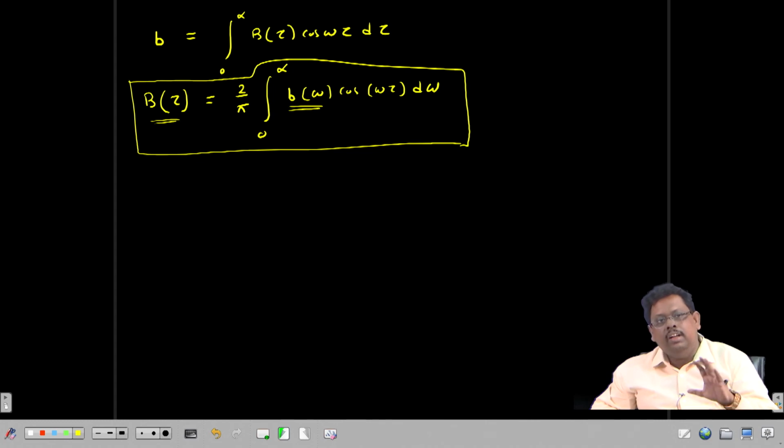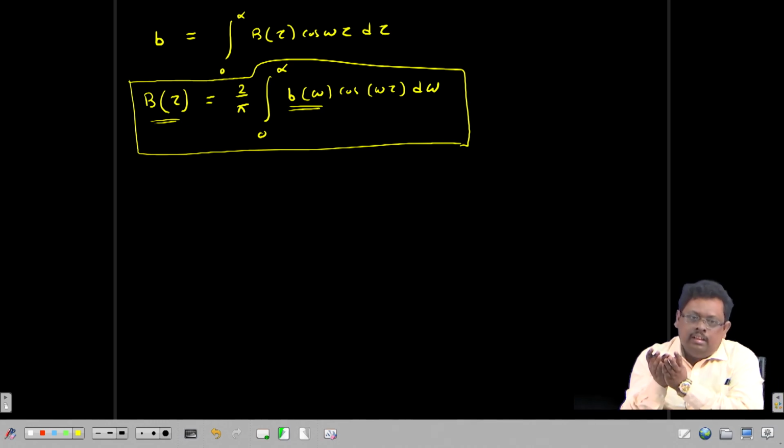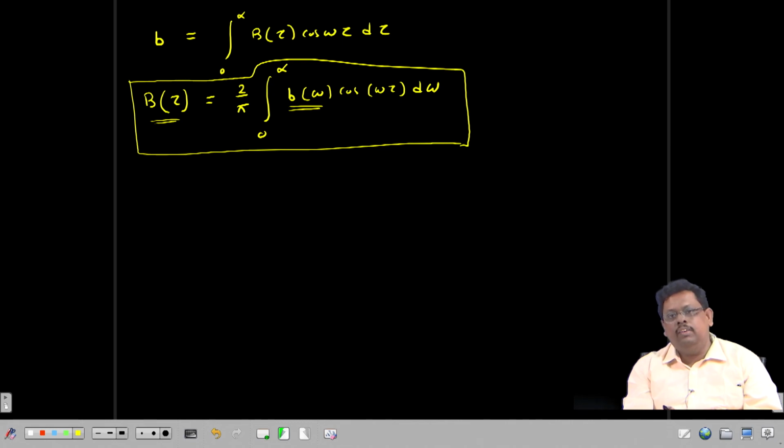Getting b tau from there is really difficult. However, if you have knowledge of the frequency domain damping coefficient b omega, using this you can really get the value for b tau, right.